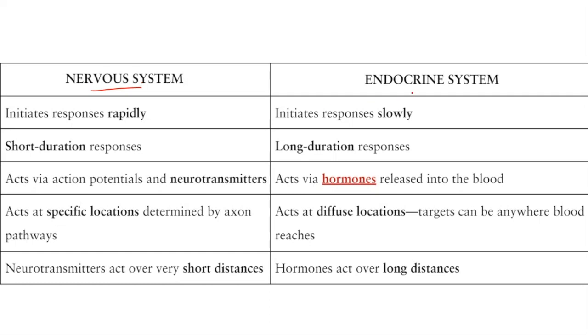However, for the endocrine system, the responses are a lot slower. It takes time for hormones to be secreted and for them to travel to different parts of the body. For the nervous system, the responses are very short, known as short duration responses, because the effects don't last long.